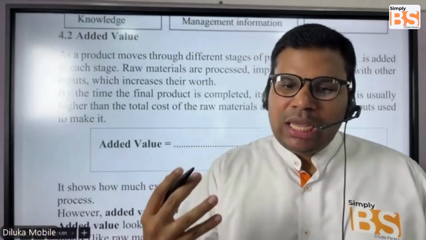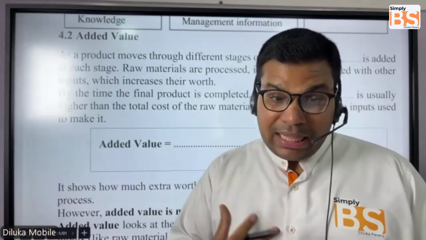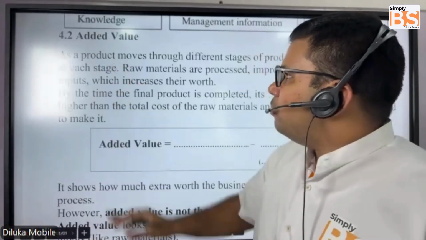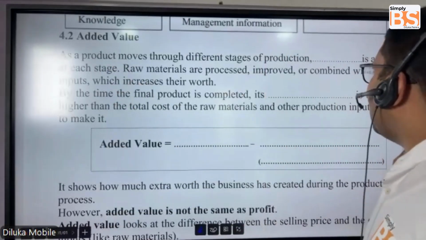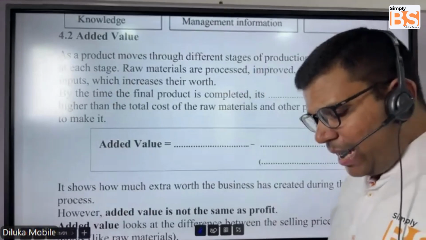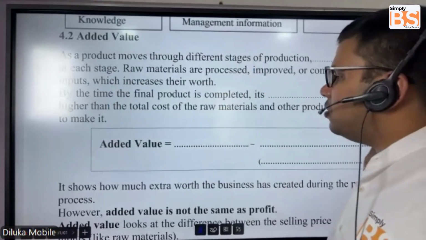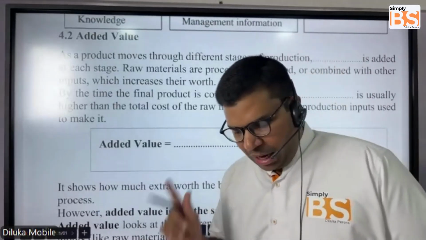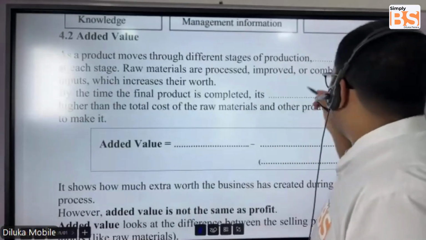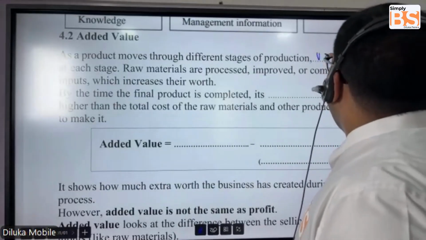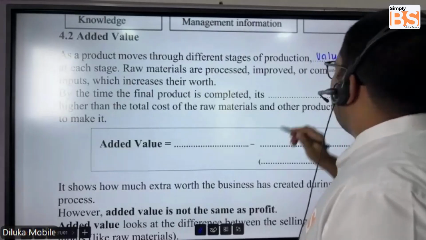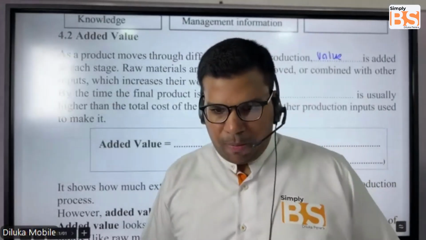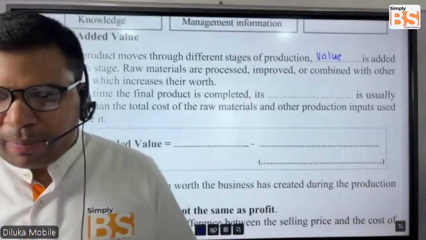So the product moves through different stages of production, and you can fill the blank: value is added at each stage.